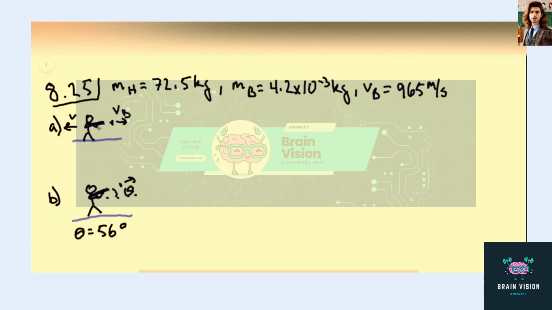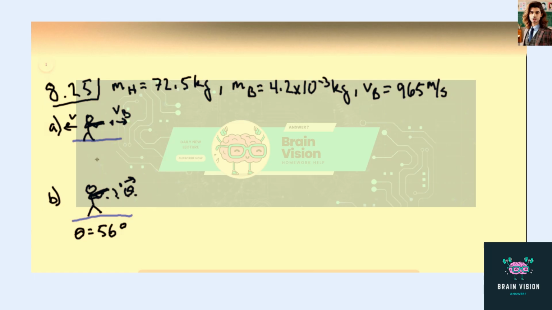So the initial momentum is 0, of course, and so his momentum backwards has to be equal to the horizontal component of the bullet's momentum going forwards, which, when it's horizontal, is the entire momentum. And then here we'll have to do a little bit of trigonometry to get the correct components.